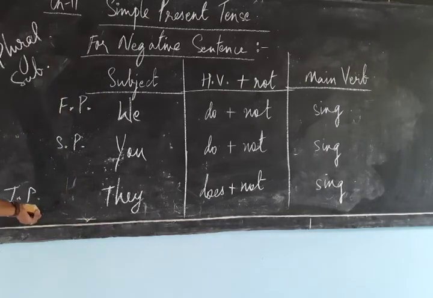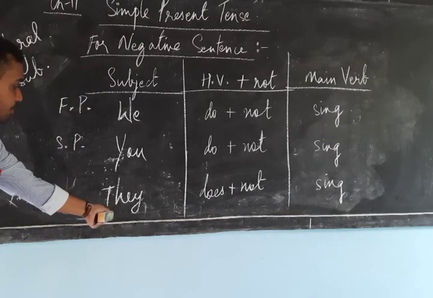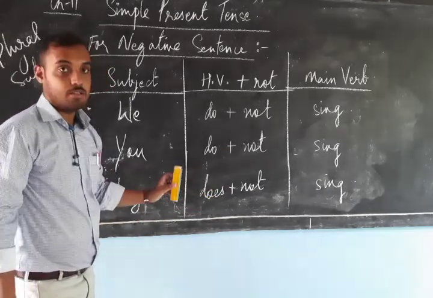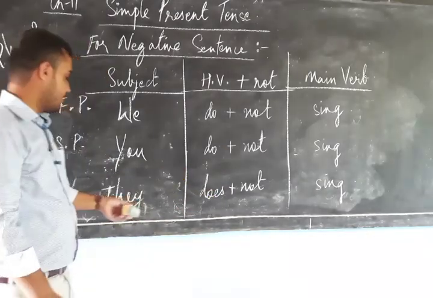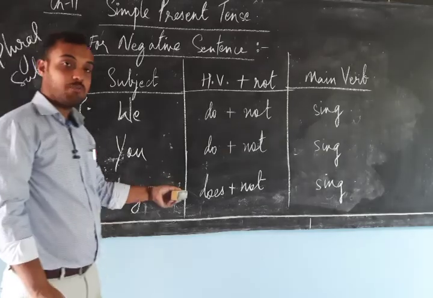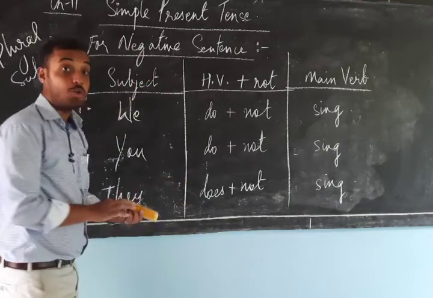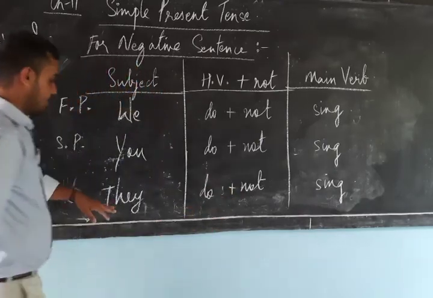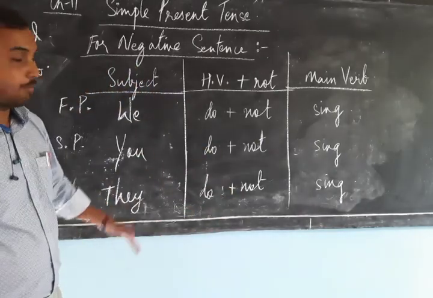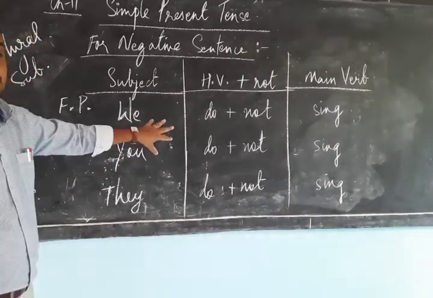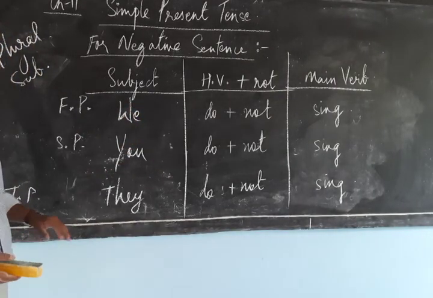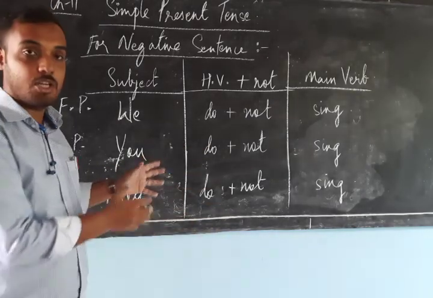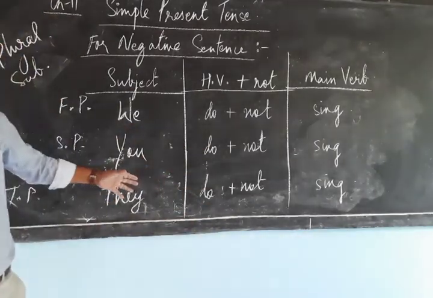In the third person plural, they does not sing is not right. With they, the helping verb that we will use is do, not does. They do not sing. Everything else remains the same. This is how we form a negative sentence with a singular subject and with a plural subject.